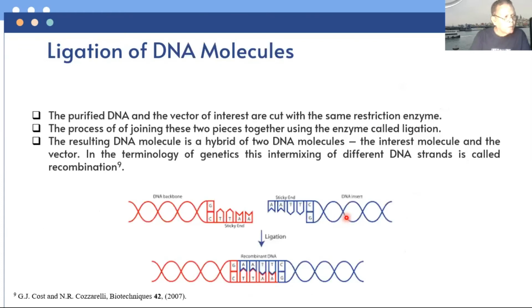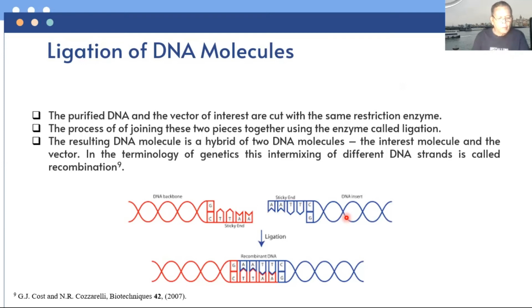Now let's move to ligation of a DNA molecule. The purified DNA and the vector of interest are cut with the same restriction enzyme. The process of joining these two pieces together using an enzyme is called ligation. Ligation involves joining up the end of one DNA with another end. However, a DNA fragment has two ends, and if the ends are compatible, a DNA molecule can circularize by joining its own ends.